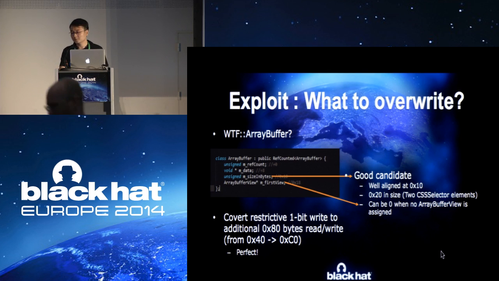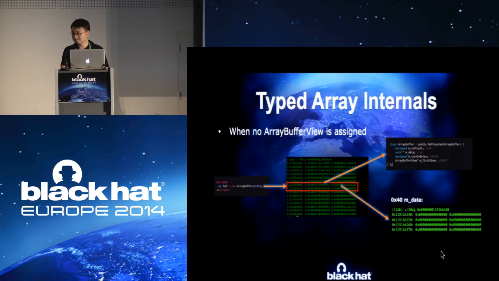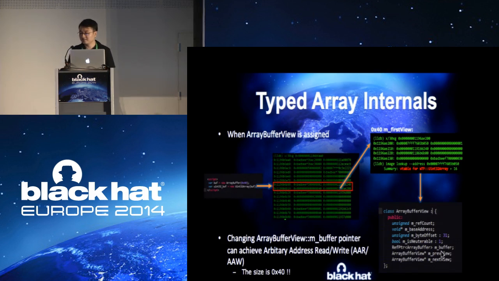Otherwise, it is 0, which is quite good. So when no array buffer view is assigned, the memory layout is like this. The field is 0 because no array buffer view is assigned. However, if the array buffer view is assigned, then the first view pointer should be a valid pointer.